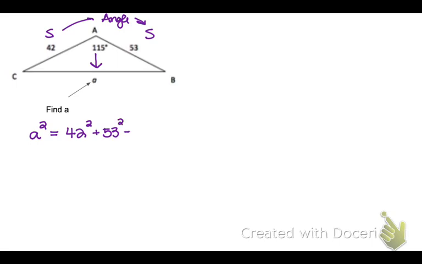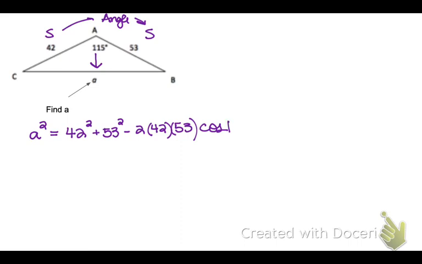We said that -2 is part of the equation, and so I use that every time. The 42 and the 53 get multiplied by the 2 because they are, again, on the same side of the equal sign together. And then it's the cosine of the angle opposite the side that's out in front.